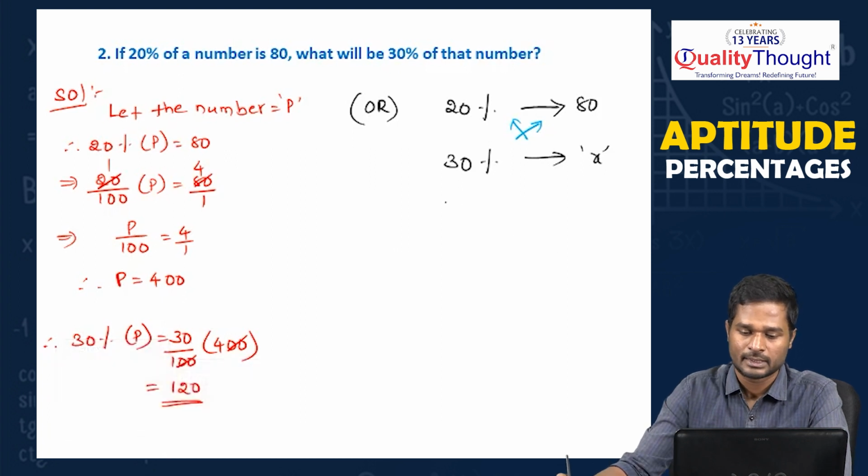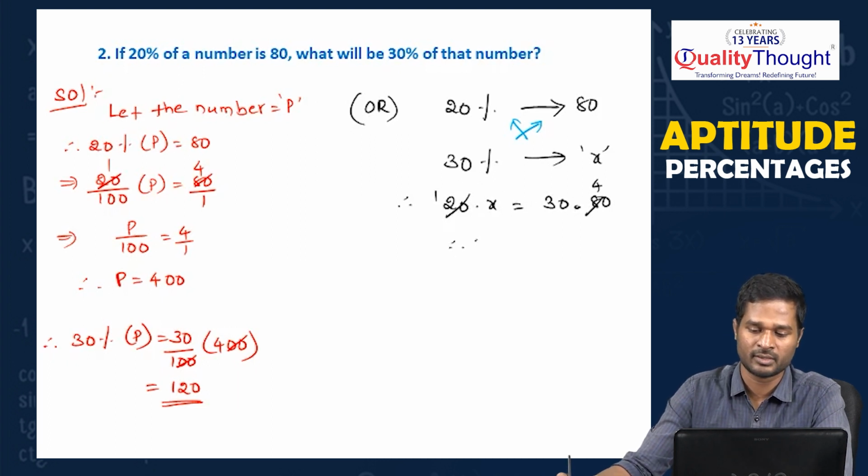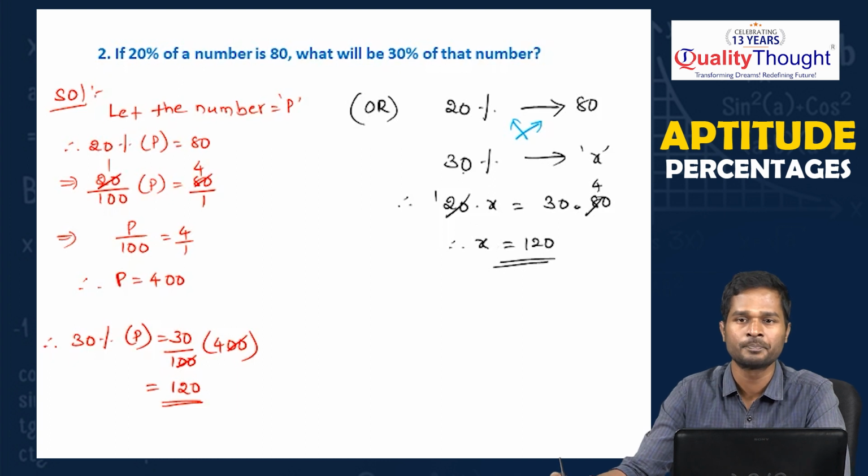So it is 20 into x is equal to 30 into 80. I removed the percentage symbols because you can cancel them. So 20 ones are 20, 4s are 80. Now what is left? x into 1 is x, 30 into 4 is 120. So if 20 percentage of a number is 80, then 30 percentage of that same number will become 120.